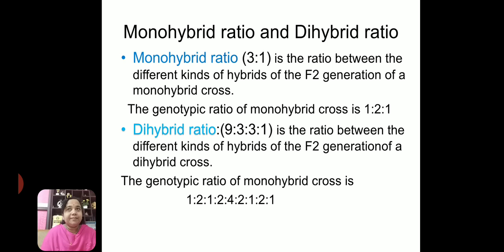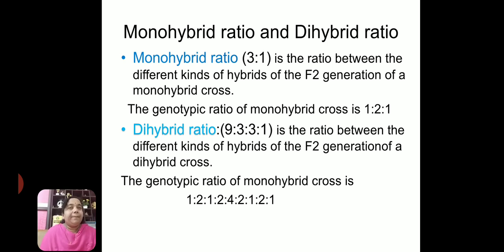Monohybrid means an organism we considered at a locus where there is one pair of alleles. Then what is the phenotypic ratio of a monohybrid cross? A monohybrid cross has a phenotypic ratio of 3:1. Phenotype, as I told you in the last class, means the appearance.